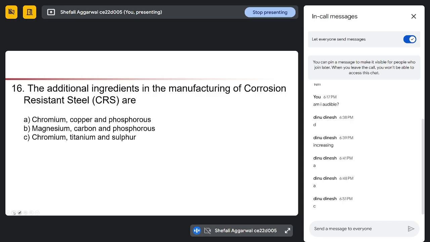It is an alloy of what? In corrosion resistant steel bar, we have an alloy formation of chromium, copper, and phosphorus. Okay.